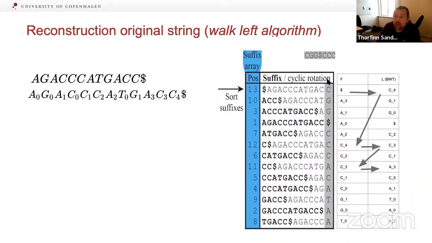This is why we put the ranking. So for the first column and for the last column, I put the ranking as a subscript symbol. So we start here, we know what precedes it, that's the 4th C. Then we search through the first column for the 4th C, which is this one. What precedes the 4th C? This is what's in the Burrows-Wheeler transform column.